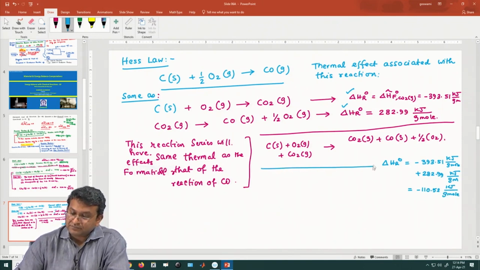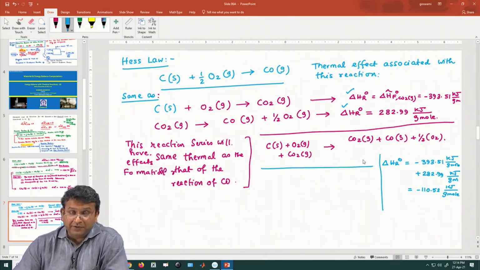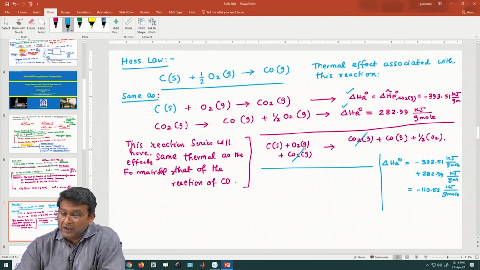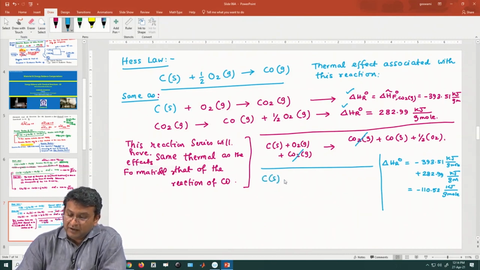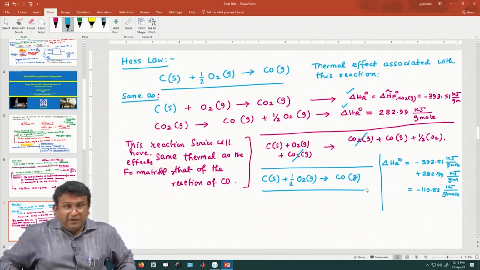And if you now look into these equations, you see that there is carbon dioxide on both sides, so it gets cancelled out, and here you have 1 O2 and here you have half O2. So, essentially what you have on the left hand side after you remove this is carbon plus half O2 leading to carbon monoxide in gaseous form. So, this is what Hess law is, and this is a very, very powerful technique.